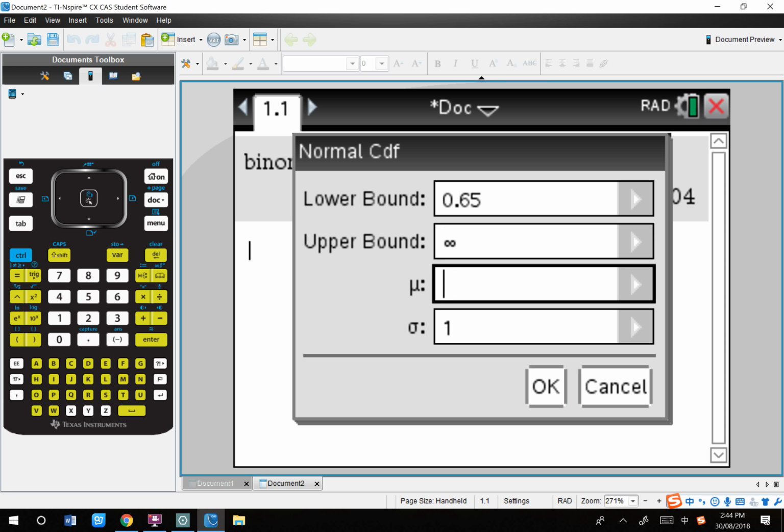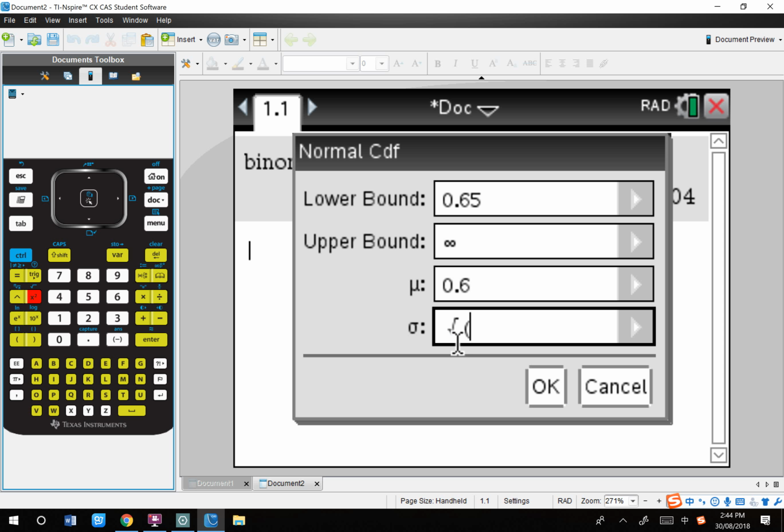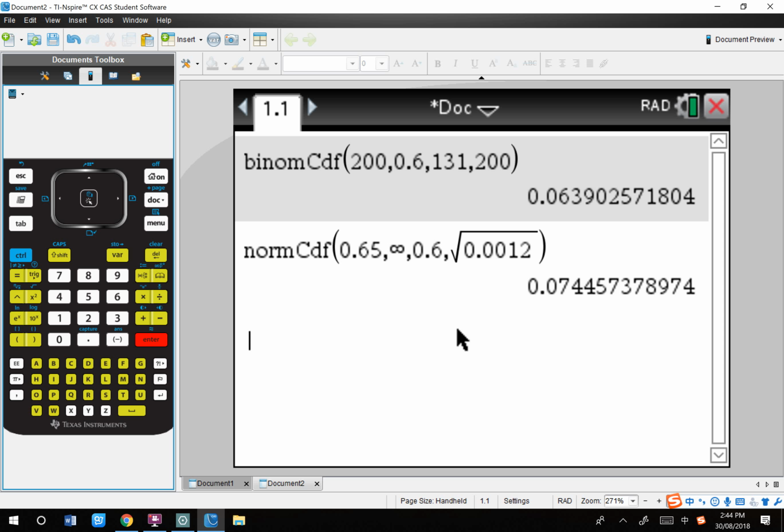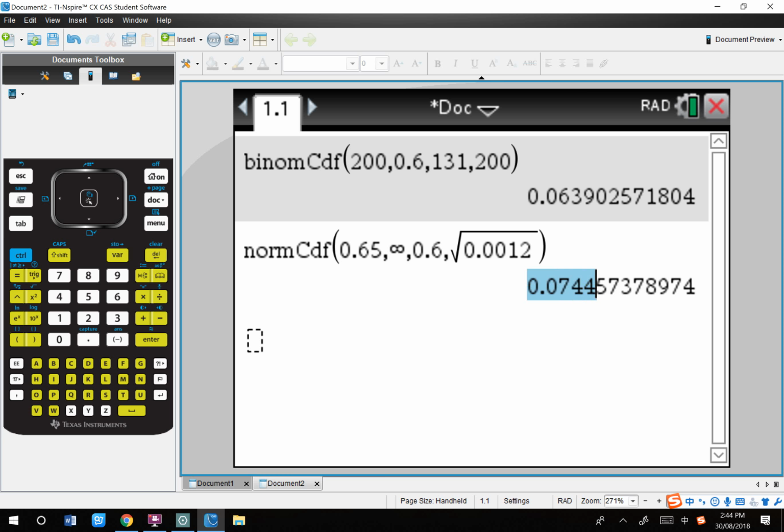Okay, mu is 0.6, that's what we calculated, and sigma is the square root of 0.0012, that's the variance value. Just enter whatever I should enter. Because p-hat is a normal approximation, I'm looking for p-hat greater than 0.65. What's the probability? Directly type into the CAS. Okay, that's 0.07. Well, if you give 4 decimal places, it's 0.0745.